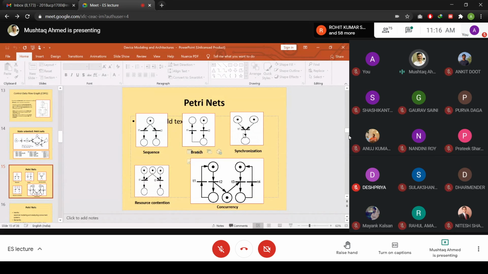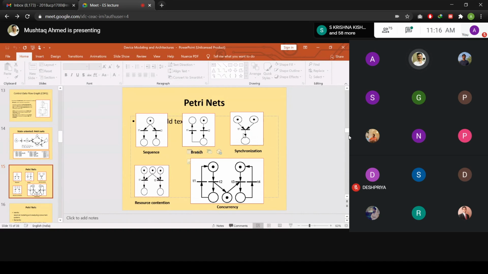Now, various operations are there where concurrency is present. This allows the operations to take place concurrently without further triggering, because the triggering has already been applied, and you have the tokens, and the system is able to perform the operations in parallel. This is one example explaining how this takes place. In the concurrency, as you can see over here, the token is available, and this is a directional token.